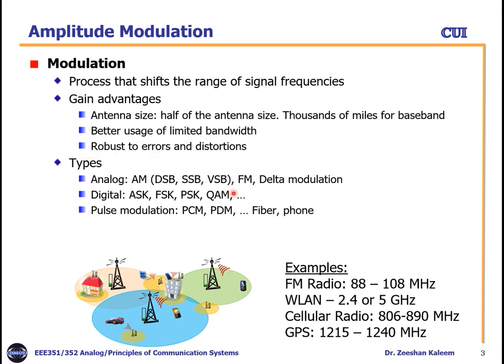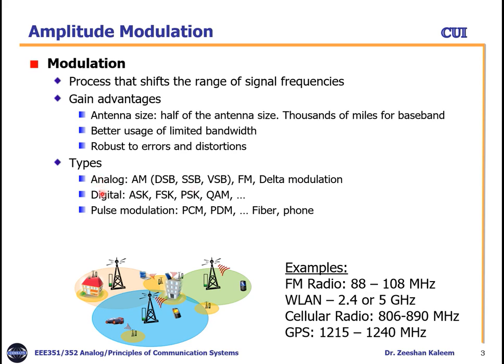There are numerous types of modulation. For example, analog modulation has amplitude modulation, with further types like DSB, SSB, and VSB, which we will discuss in this chapter. In the next chapter we will discuss frequency modulation, and delta modulation later on. These are the types of analog modulation.